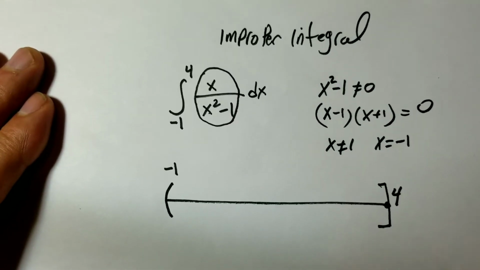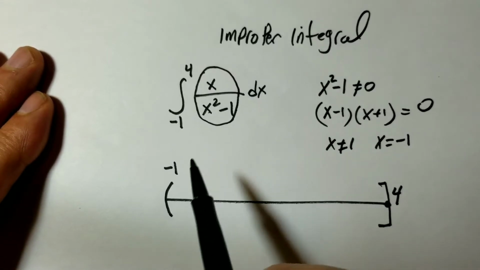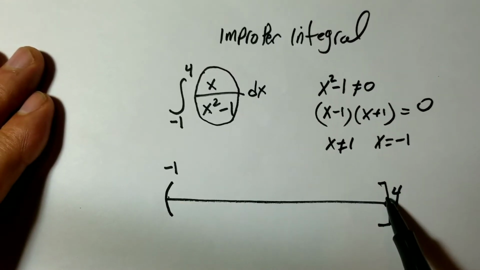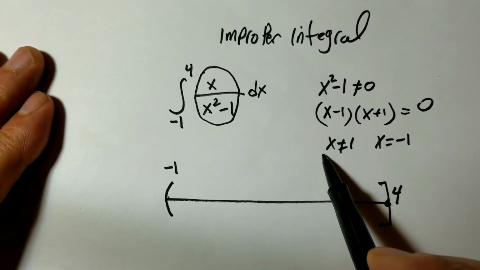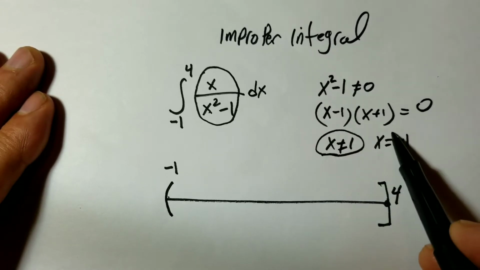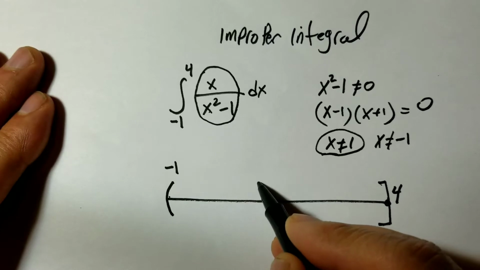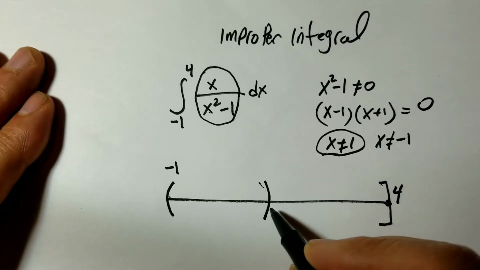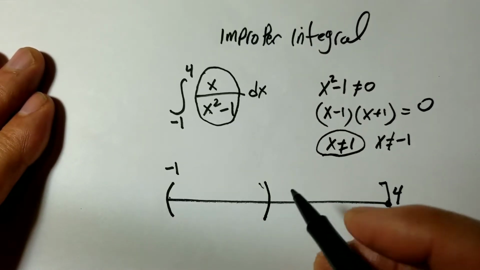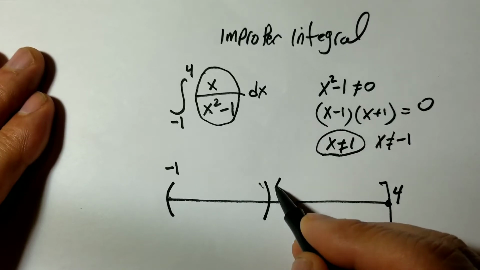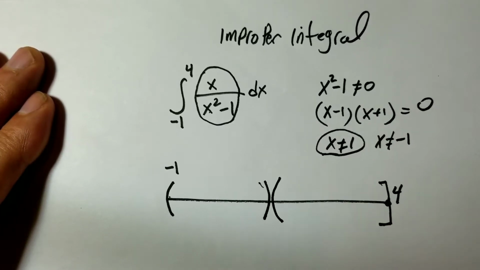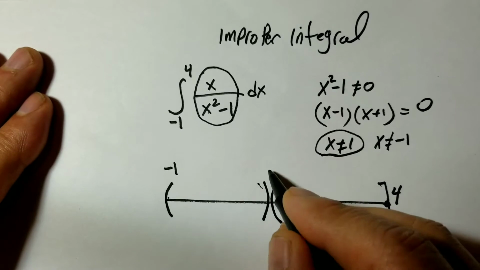I'm going to put a bracket. But also there is a number between negative 1 and 4 that causes discontinuity, and that number is 1. That's also going to be a parenthesis open to the left and open to the right, and that's exactly your 1.